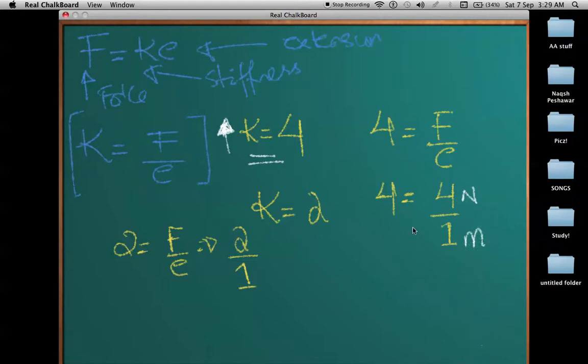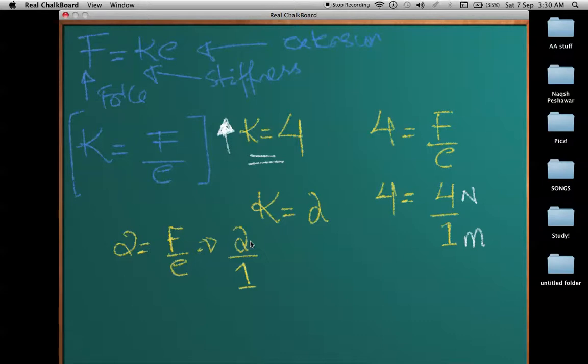That means you are pulling it with 4 newtons to get it to 1 meter. But when the stiffness was less, let's say 2, you applied a force of 2 newtons and got an extension of 1 meter. Earlier, you had to apply a force of 4 newtons to get an extension of 1 meter. Now, because of a lesser K value, a lesser force can give you an extension of 1 meter. That means the spring is softer now.